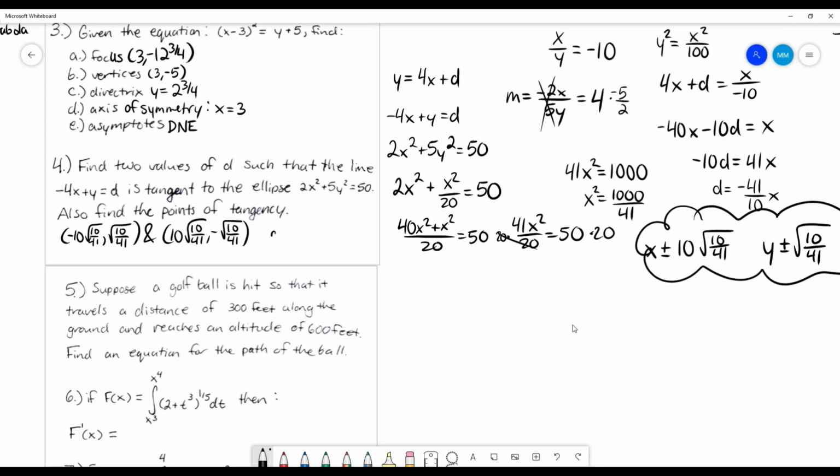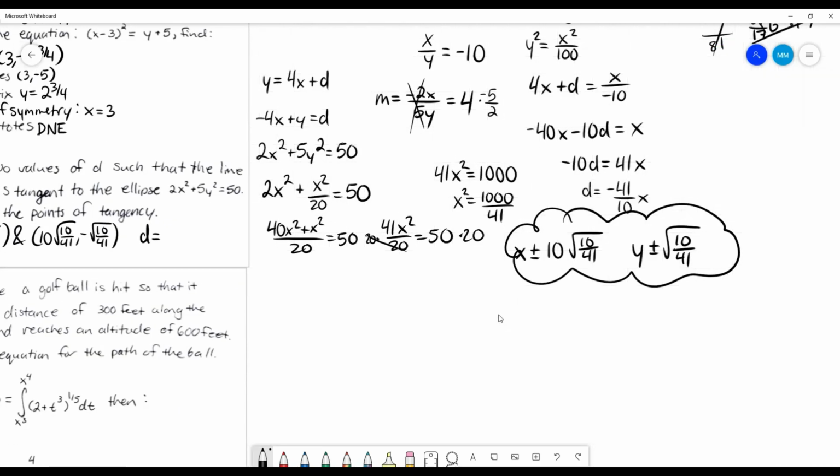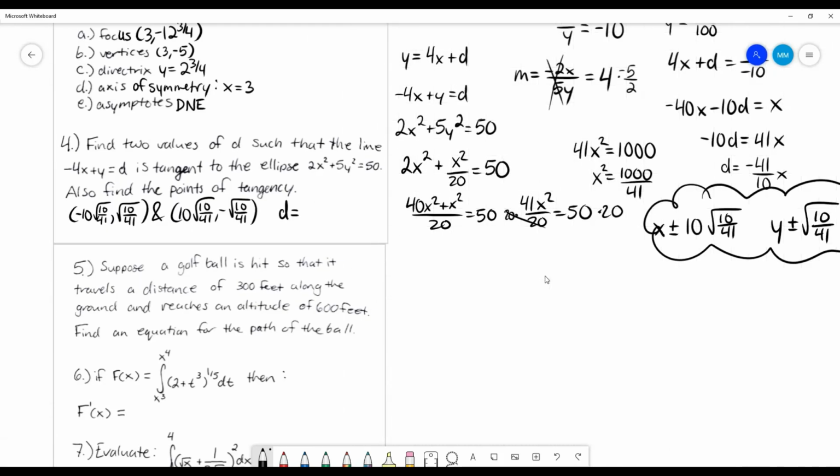Okay, and then our d values we're going to solve for now. Using these, we're going to plug those in accordingly back into that equation. So if y equals square root of 10 over 41 when x equals this plus d, now we can just solve for d, because all of this is just numbers, as ugly as they are.